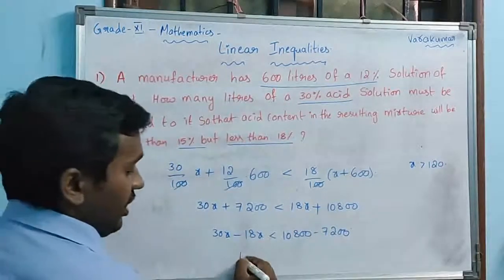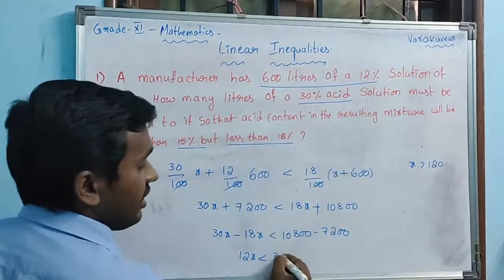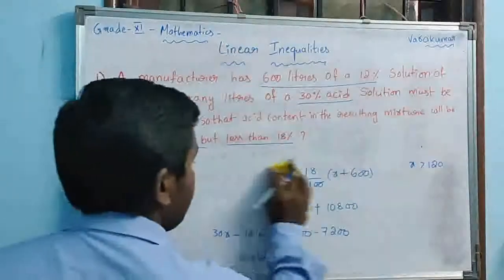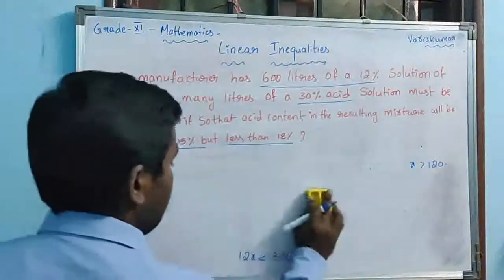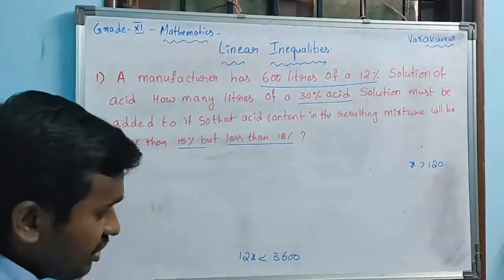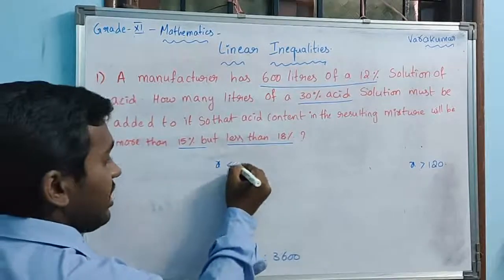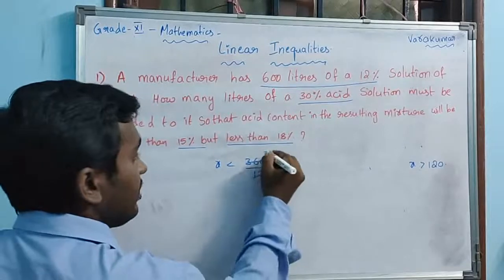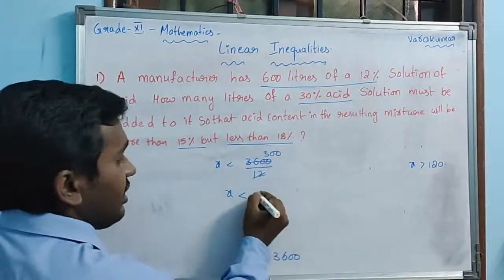Right? Now we will get 12x less than 3,600. Now what are you supposed to do? This 12 to be carried here. X less than 3,600 by 12. It is 300. See, x less than 300.